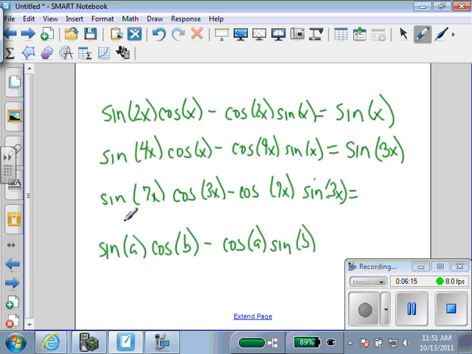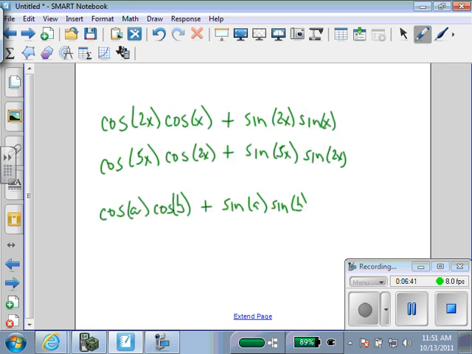And if you type in sine 7x cosine 3x minus cosine 7x sine 3x, you're also going to see a sine wave. You'll actually see 4 of them. But time doesn't permit me to type them all in. So, in the case of sine A cosine B minus cosine A sine B, you will see sine with A minus B waves.